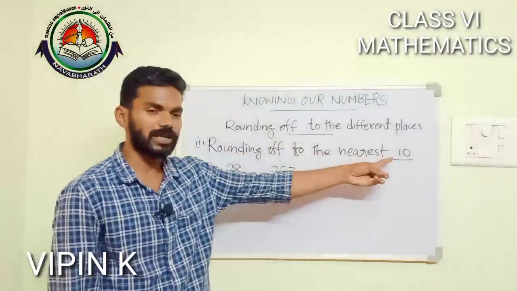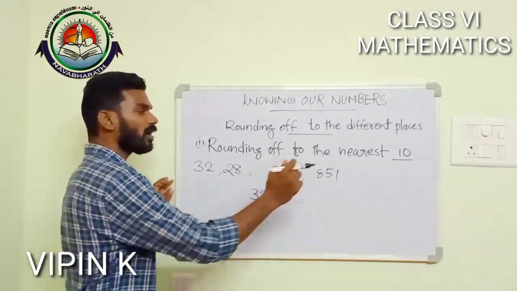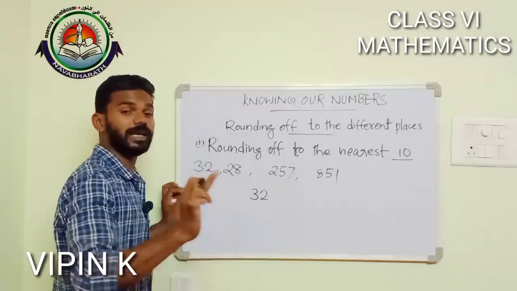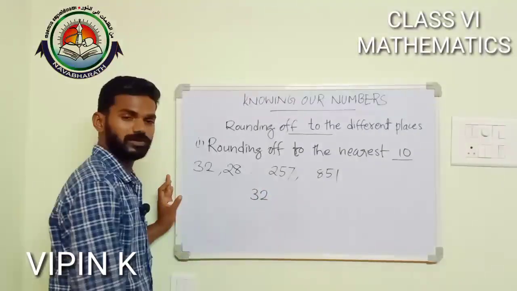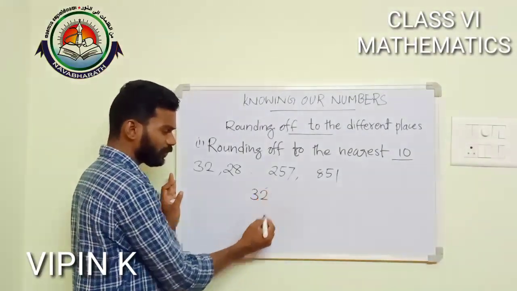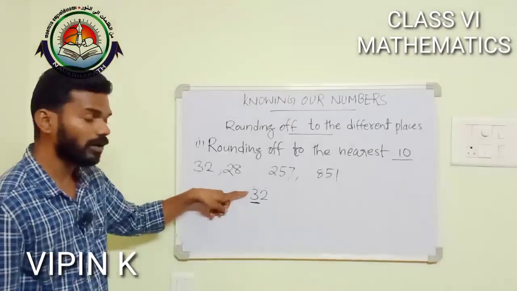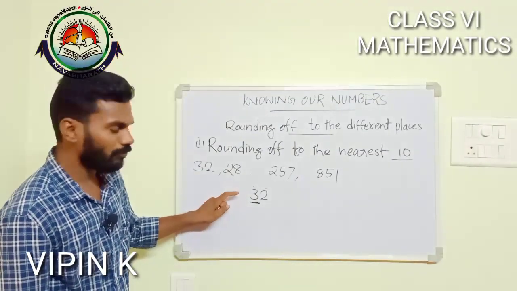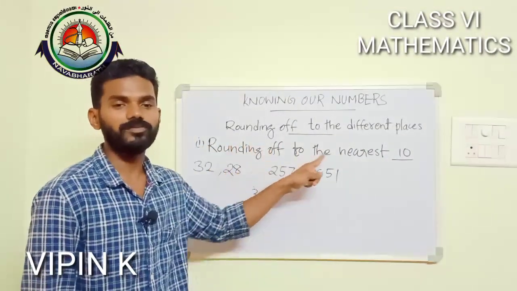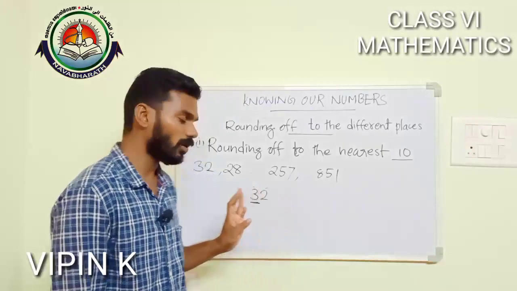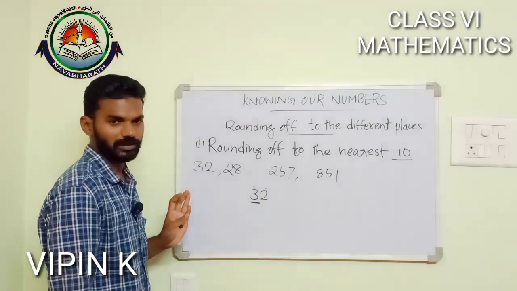For rounding off to the nearest 10, first of all, mark the digit at the tens place in the given number. Look at the given number, it is 32. 2 is in the ones place and 3 is in the tens place. So first of all, just consider the number in the tens place because we need to round off to the nearest 10. So I am just marking the digit at the tens place and it is 3.